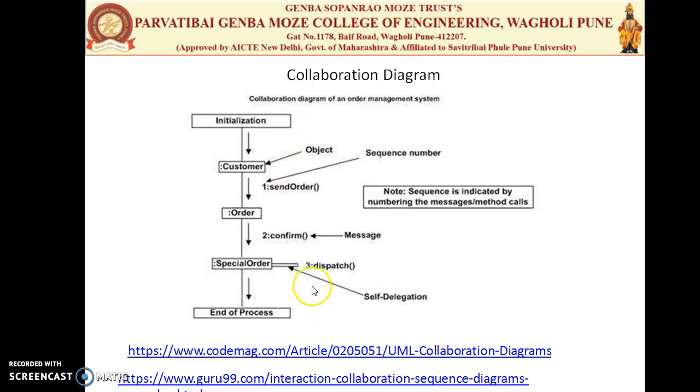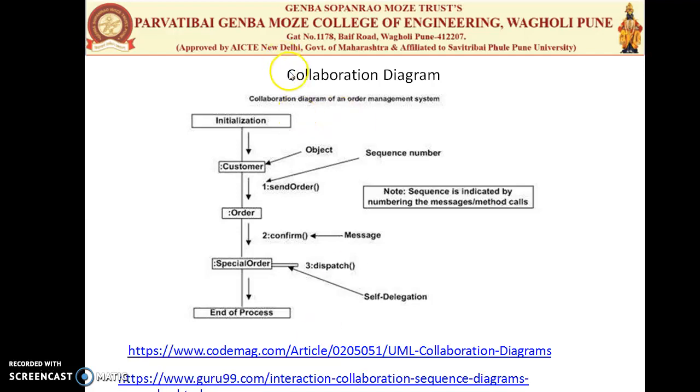Both have the same information. The sequence diagram will also have the method names, but the sequence will not be given. And it will simplify the system more easily in the collaboration diagram. For more information, you can go with this link which is provided. It will give you a brief idea about the collaboration diagram.